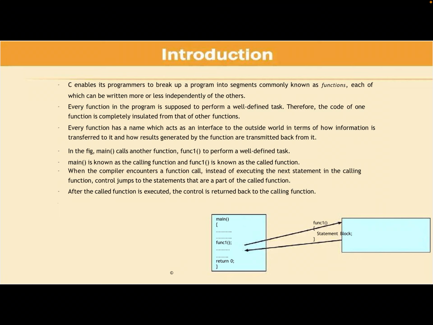Instead of executing the next statement in the calling function, the control jumps to the statements that are part of the called function. After the called function is executed, the control is returned back to the calling function. It is like an interrupt wherein you have a call from the main function, the sub-function is executed, and then the control is transferred back to the main function. This is how the function works.